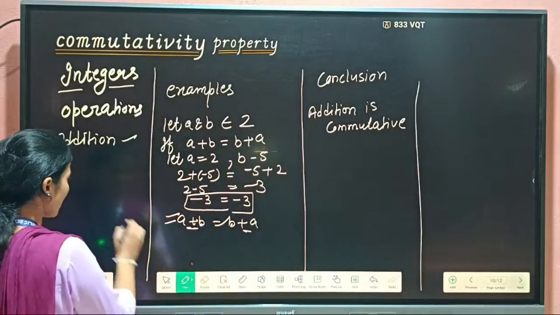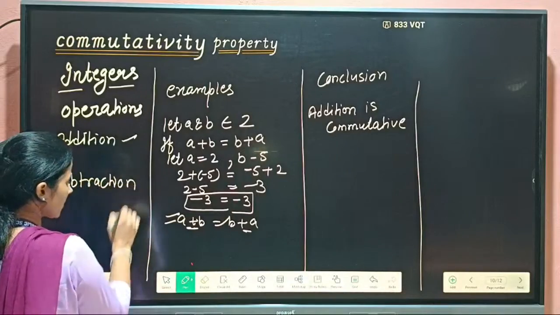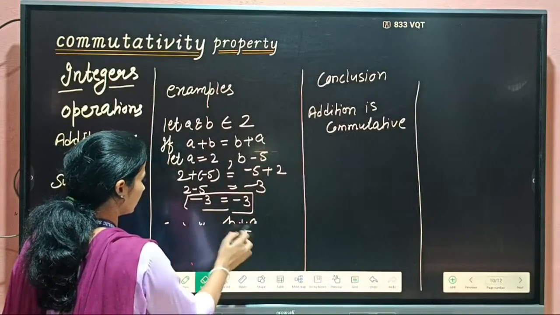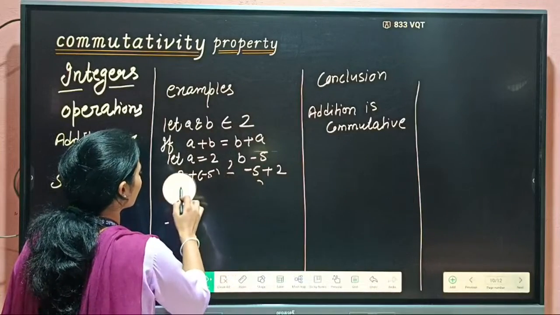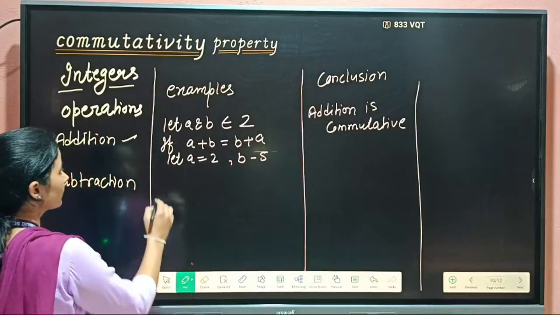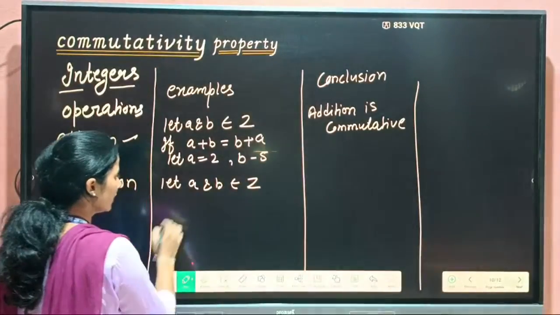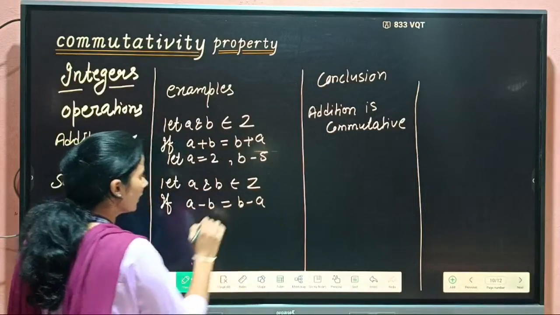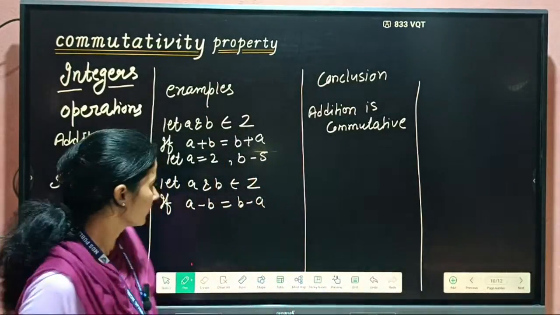Next, in case of subtraction, we want to check whether subtraction is commutative or not. Subtraction. Let A and B belong to integers. Then if A minus B is equal to B minus A, I will say subtraction is commutative, otherwise no. Let us see.